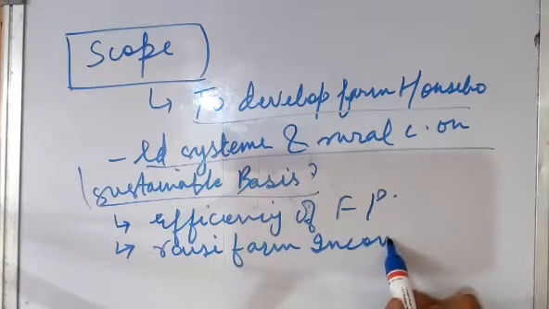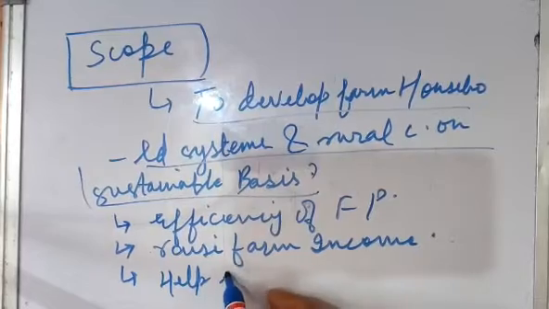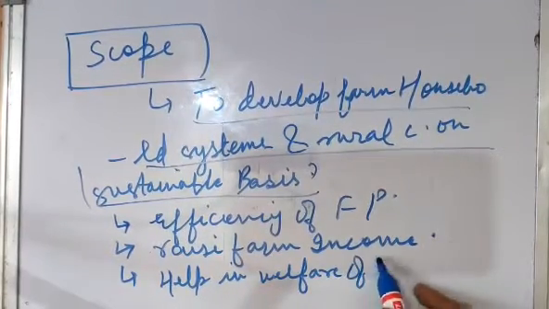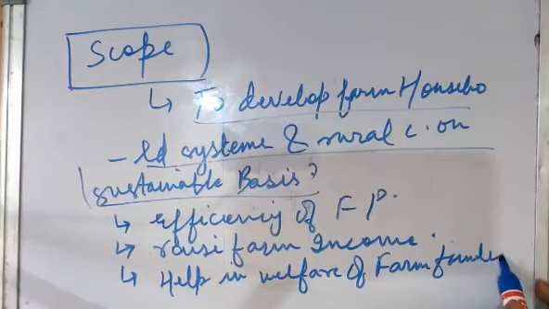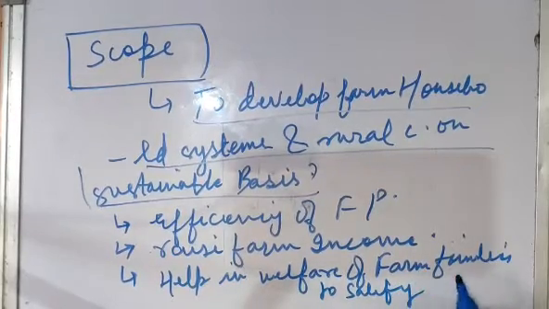An efficient farming system raises farm income and reduces the amount spent on inputs, as the components are supplementary to each other. They help in the welfare of farm families to satisfy their basic needs.